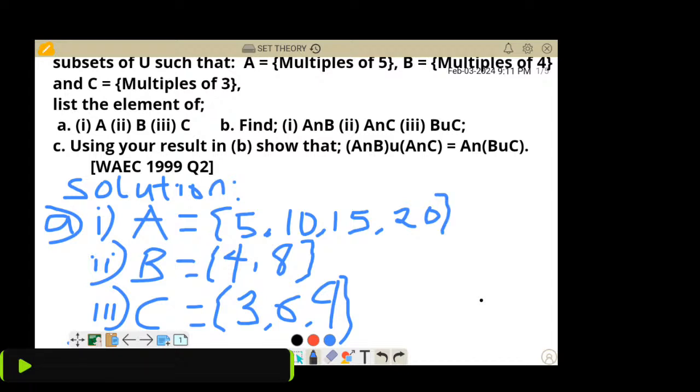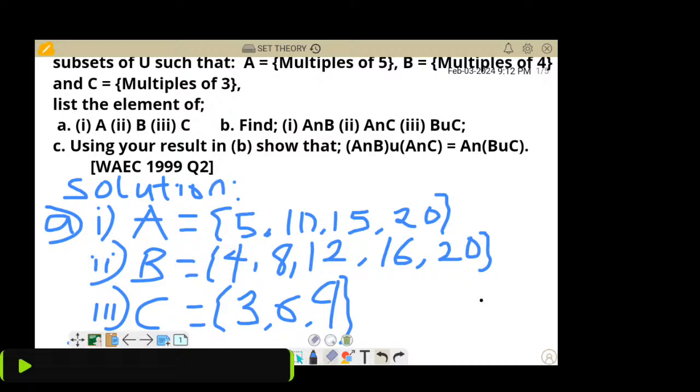For multiples of 4, I'm going to have more elements: 12, 16, 20. All of them are multiples of 4.